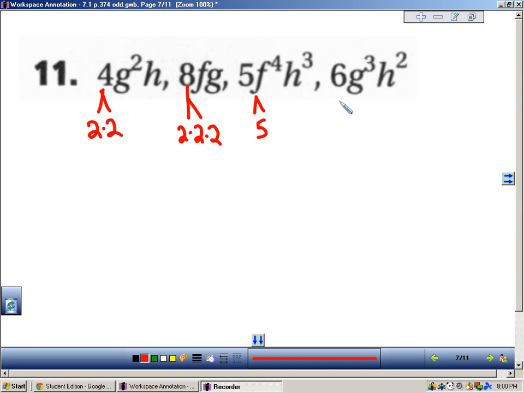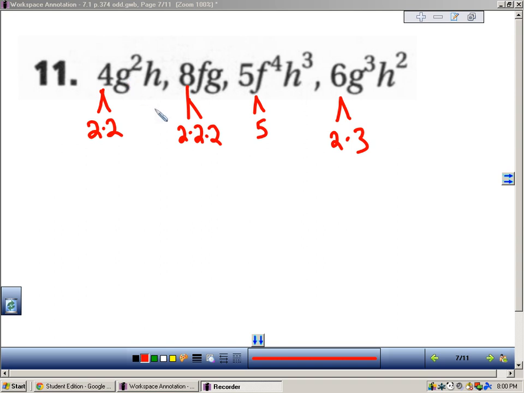And 6 is 2 times 3. So the factors don't have anything in common. All of the monomials, there's 1, 2, 3, 4 of them, all have to have the same common factor. And 2, 2, 2, but 5 does not have 2. So we don't have a greatest common factor for the coefficients.